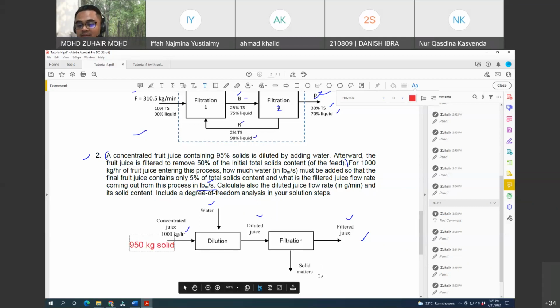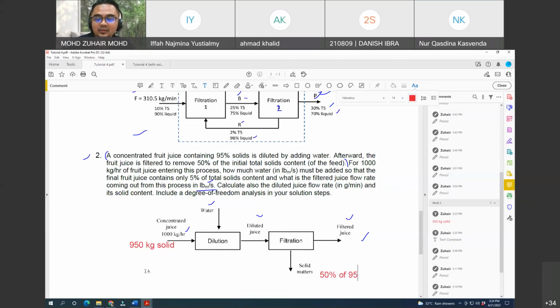Here, the solid content is only 50% of the solid content that we have at the very beginning. So it's 50% of 950 kg solid.